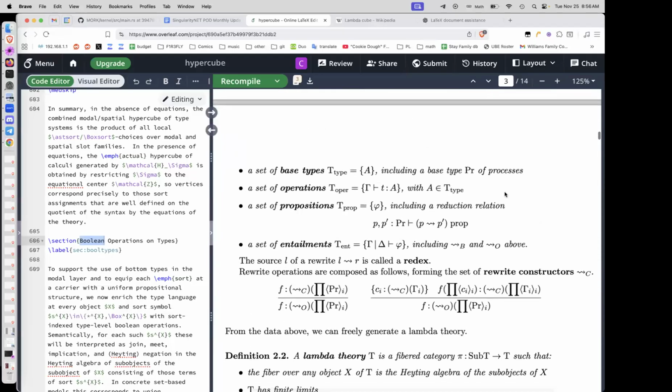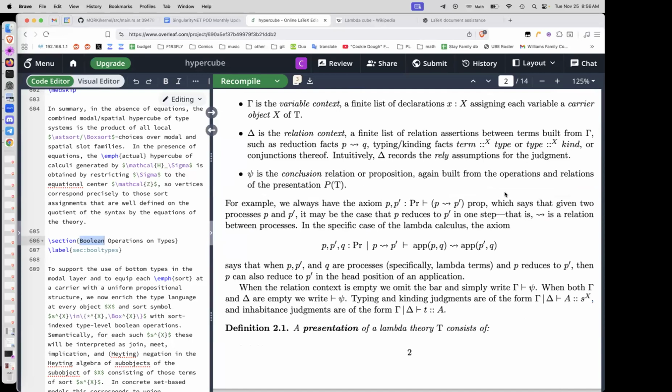So then, I'm sorry. The axiom doesn't make sense to me. By virtue of being processes, it may be the case that one reduces to the other in one step. I mean, that's a weird axiom. No, this is just ordinary. This is the normal order reduction axiom. It says no, but it's written, for example, above that. For example, we always have the axiom. Oh, this thing? Yeah.